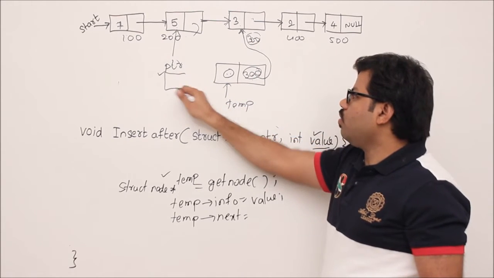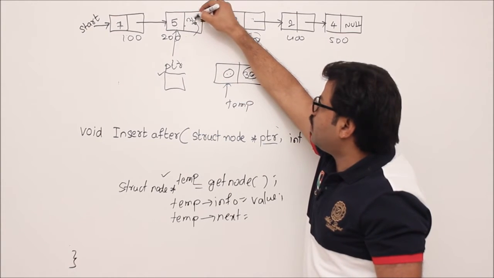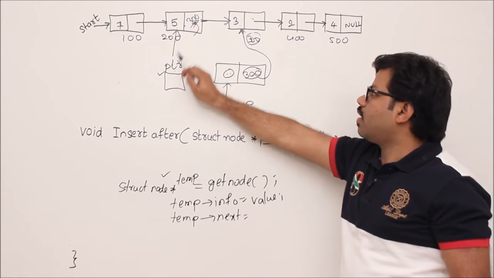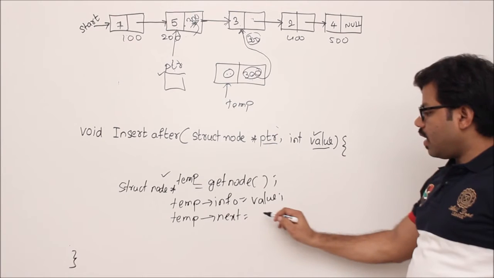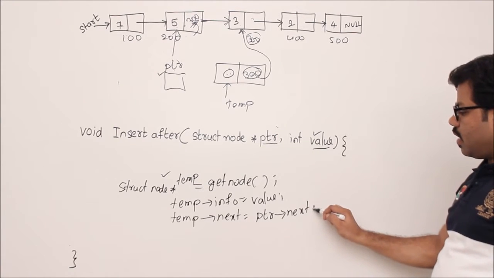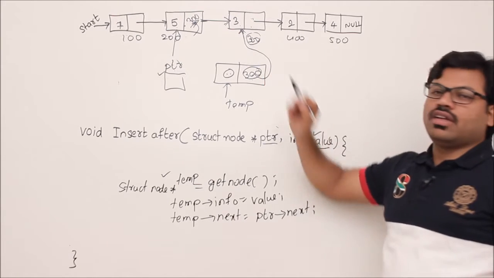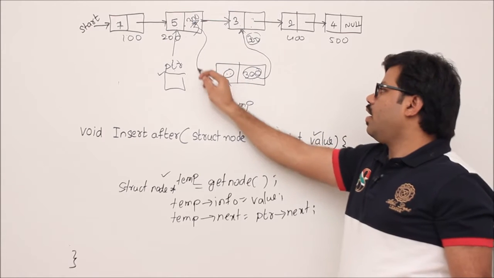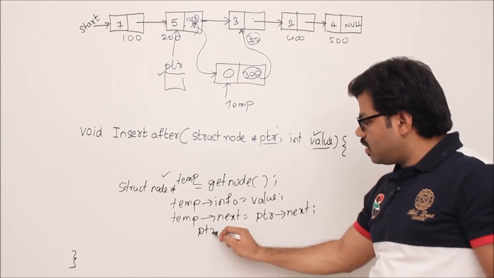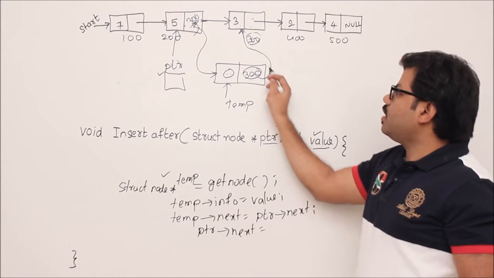PTR is pointing to this box, which is 200, and this position contains 300, which we can access simply as PTR->next. So rather than writing 300, we write PTR->next. So we linked here to here. Now we are going to link here to here, and we know how to access this position: PTR->next equal to this box's address.